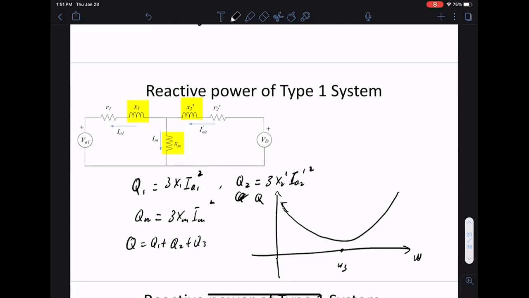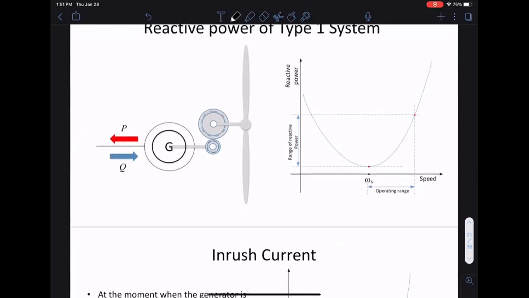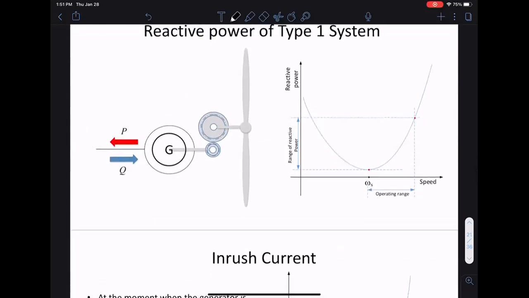That says you cannot produce net reactive power. This picture says the grid is always providing reactive power. There must be some source of reactive power. You can build a capacitor, but something needs to be providing reactive power to this generator.